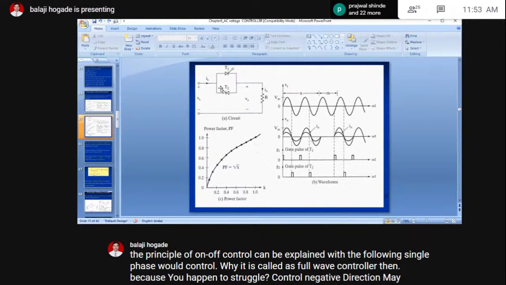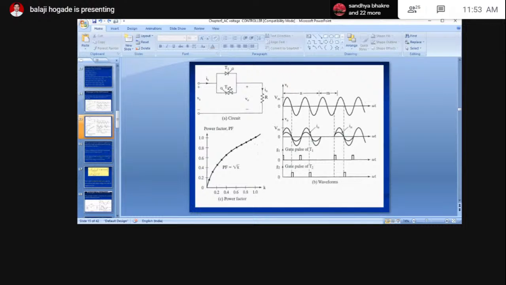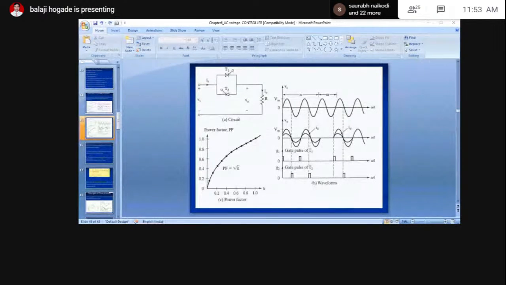If suppose T2 is replaced by a diode, then can we call it as full wave control? Can we call it as full wave control if one of the SCRs, suppose SCR2, T2 is replaced by a diode?